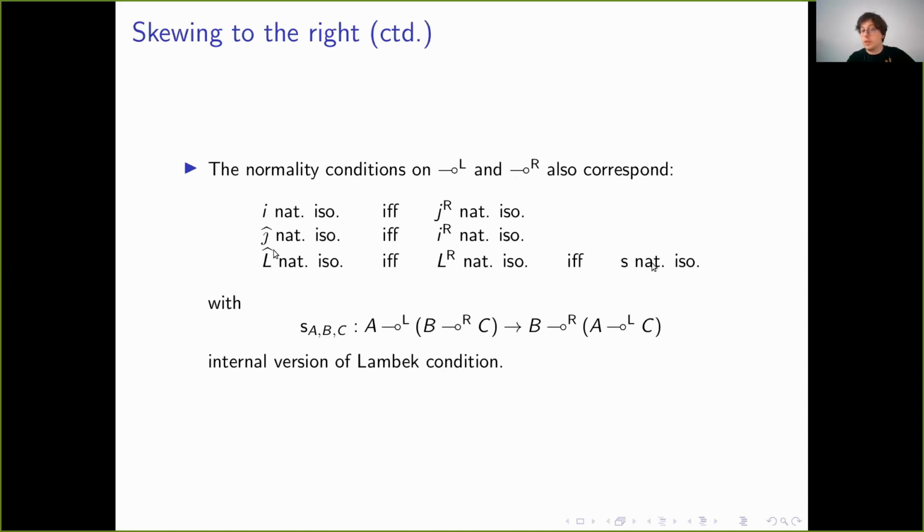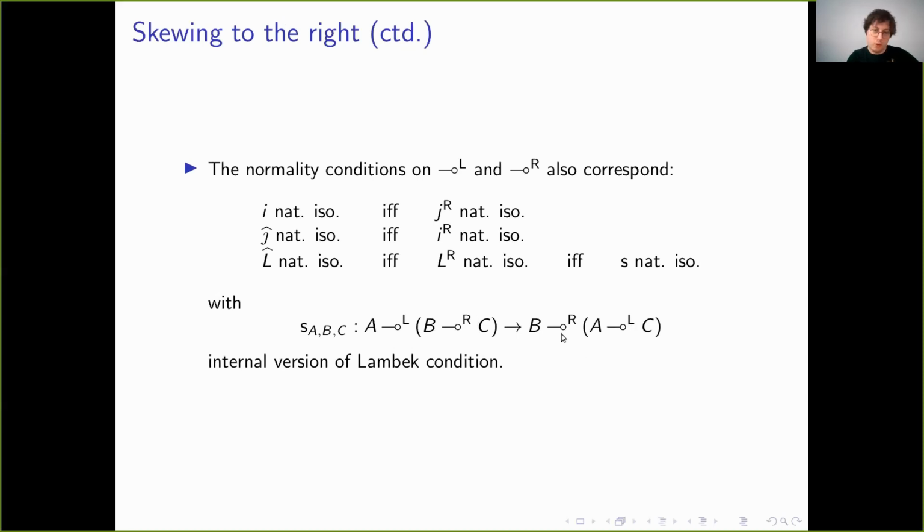And moreover, this is also equivalent to the existence of something that is kind of analogous to the internal adjunction condition that we saw in the original Eilenberg-Kelly theorem, which is the fact that the following morphism that is derivable using L hat or using L_R is actually invertible.